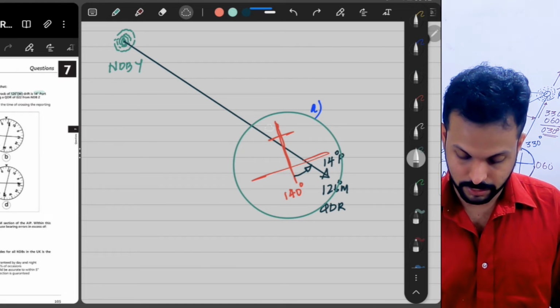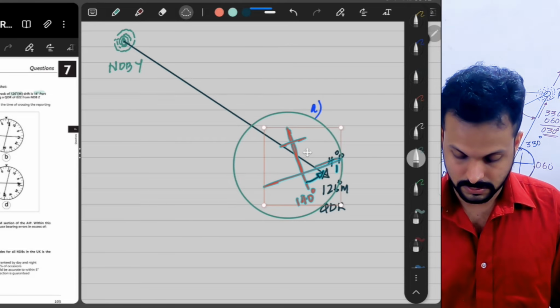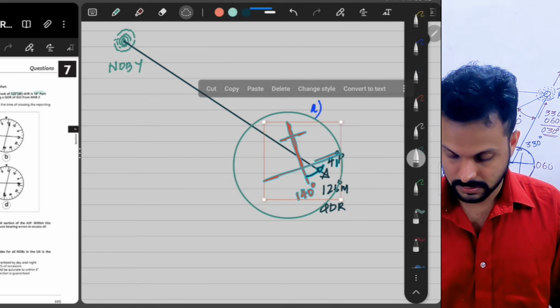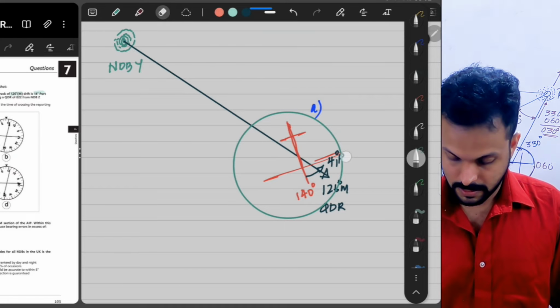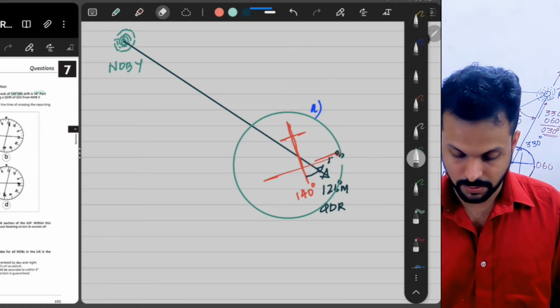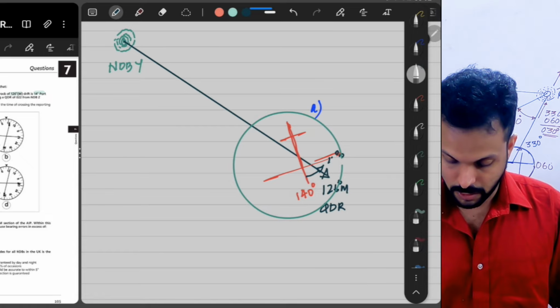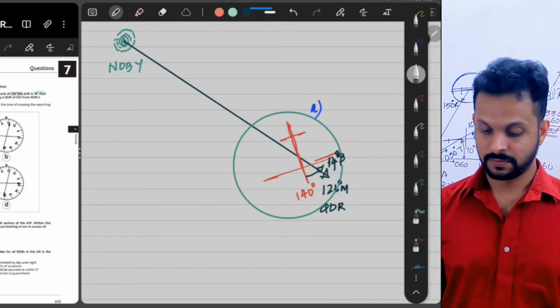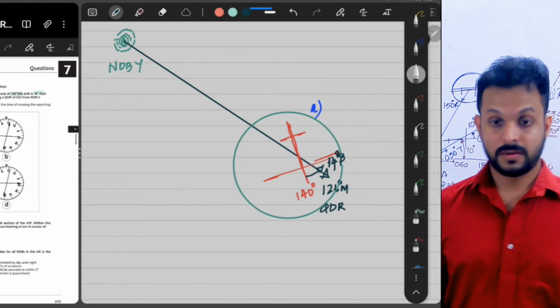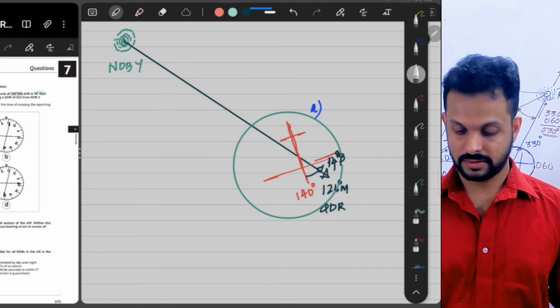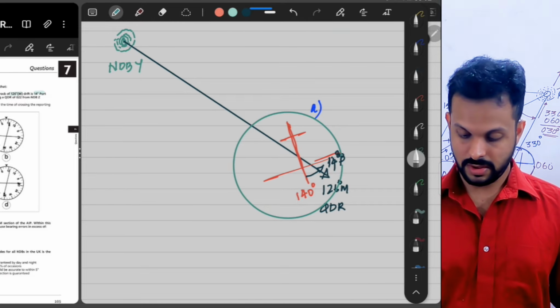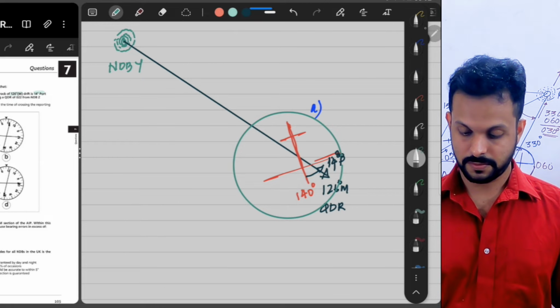Let me reposition the aircraft a bit. All right, perfect. So we have 14 degrees of port drift. Let's draw the indication.